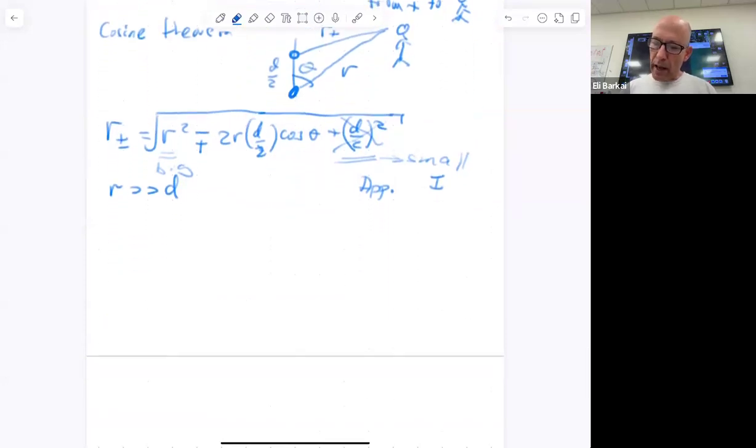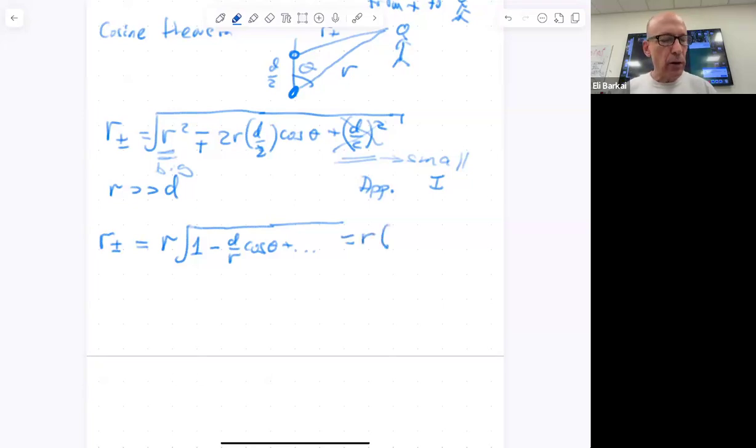So we can easily Taylor expand, and you know how to Taylor expand. I take this r squared outside of the square root, and then I will just write it like 1 minus plus d over r cosine theta. And then there is another term that is just going to be smaller. And this is more or less equal to r, which is the leading term.